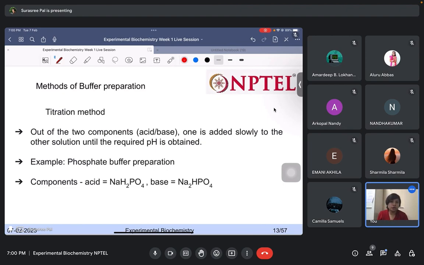If you have gone through the phosphate buffer preparation demonstration, you might have seen that there are two components in the phosphate buffer. One is an acidic component, which is NaH2PO4, and another is a basic component, which is Na2HPO4, right? Suppose we have to prepare 100 millimolar of phosphate buffer.